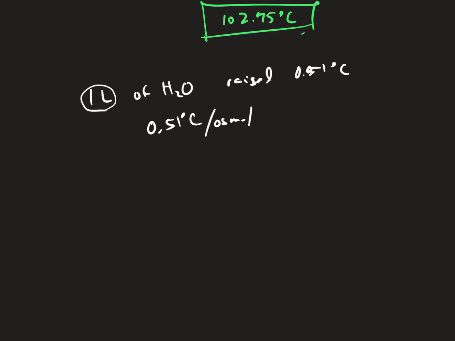On the next one, just another one of the same things. So yeah, let's just do this. So we have 350 grams of C2H6O2 in 1.5 liters of water.